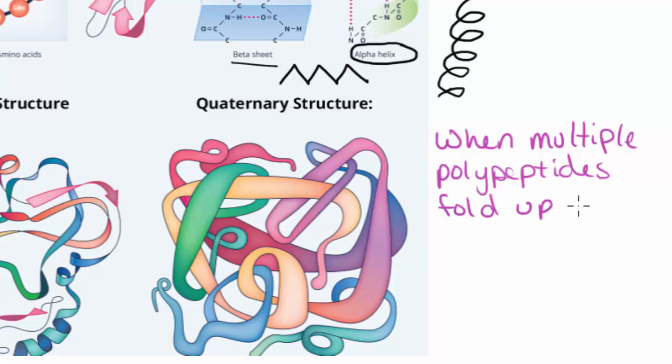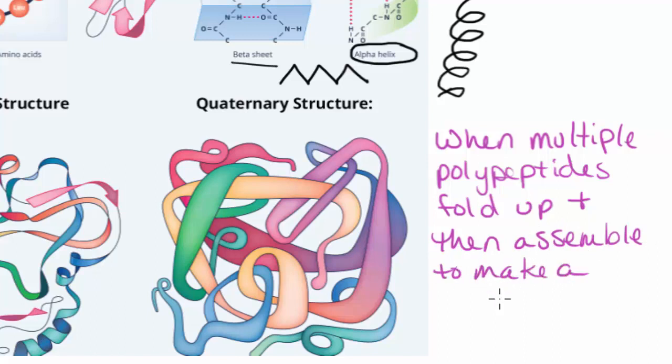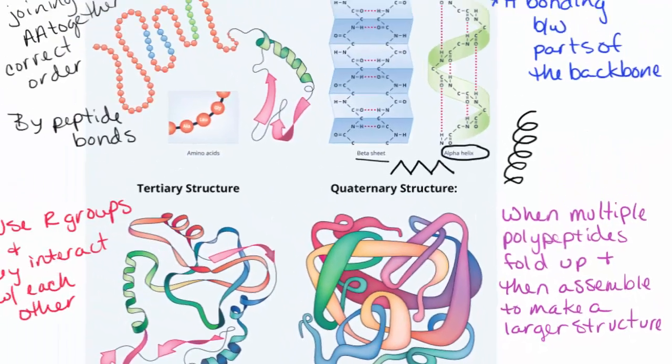So they're going to fold up and then assemble to make a larger structure. And that's what all the different chains are right here. They're different polypeptides that have assembled together.